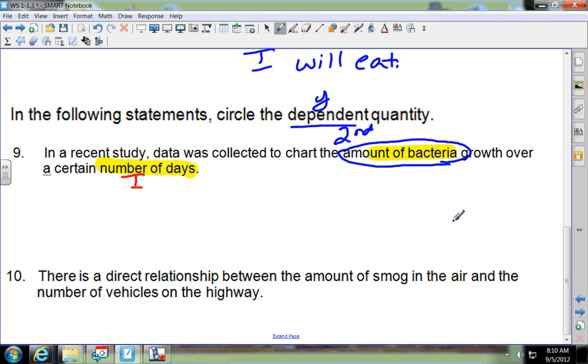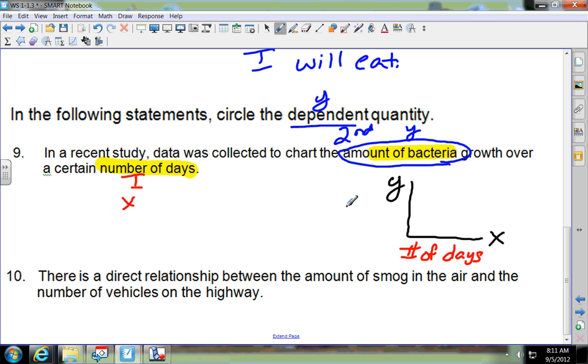I'm going to throw something in there that's on the back side of this sheet. If I had a graph right here, say this was the first quadrant, quadrant 1, what is the horizontal axis? Is that your X or your Y? It's your X. Label that on your paper, please, and your Y. You're going to have to be able to identify those as well. The independent variable, remember we said that was X. The dependent is the Y. If I was graphing this, down here would be the number of days.